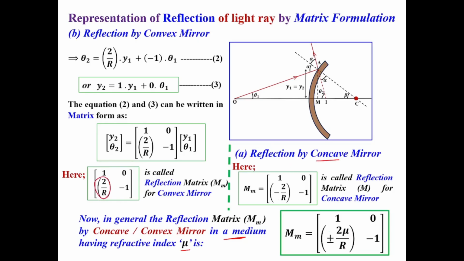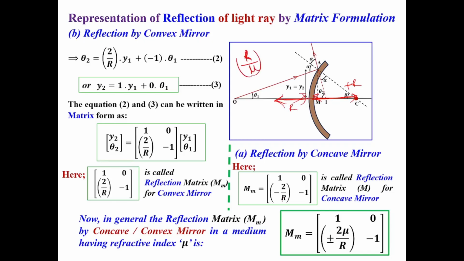So why is it 2 mu by r? See, for any medium, here we are considering this distance. For convex mirror we consider the radius of curvature towards this side, plus; for concave we consider the radius of curvature this side, r. For free space this is the distance. For a particular medium with refractive index mu, this length will be r by mu.